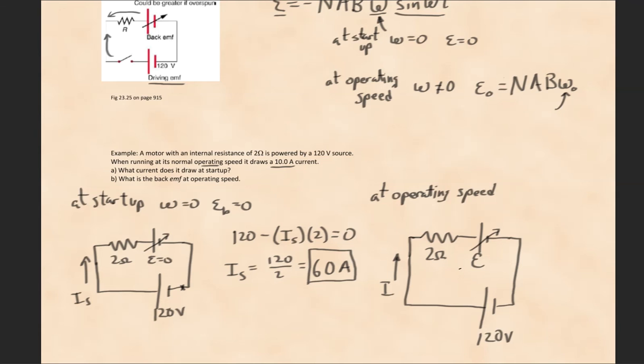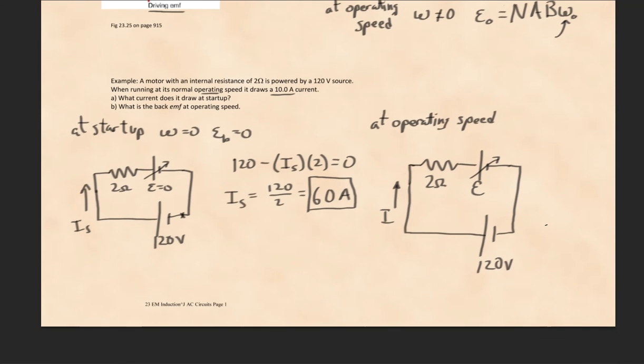And so what we are looking for is what is the back EMF if we know that there's 10 amps of current flowing when the motor's running at its operating speed. So again, we're going to do a Kirchhoff's loop. We'll start at this point, walk around the loop. So I have a positive 120 volts as I walk across the battery. Then when I go across the resistor, I'm going downstream, so that's minus I times R. I is now known as 10 amps.